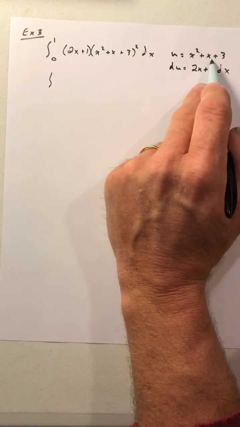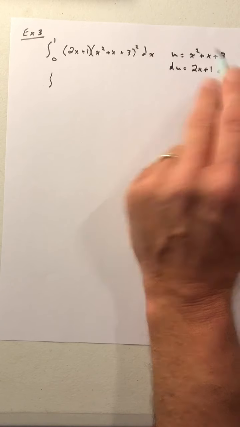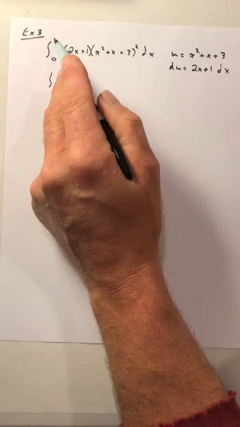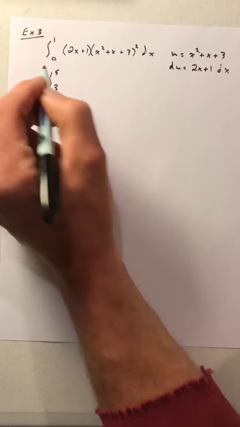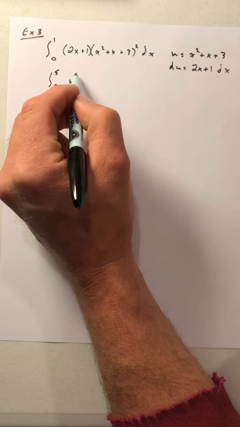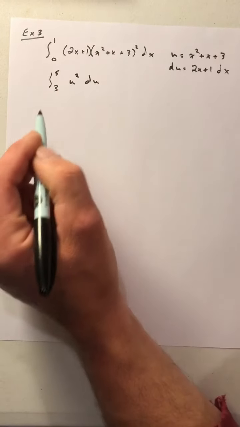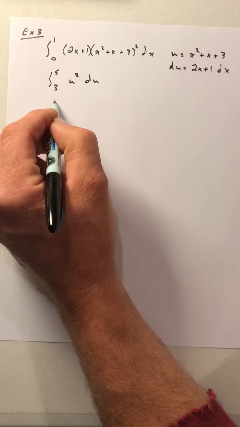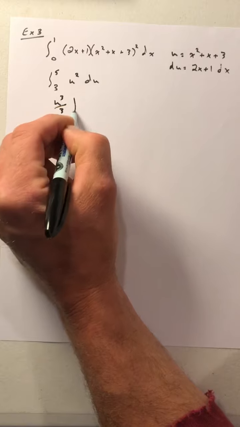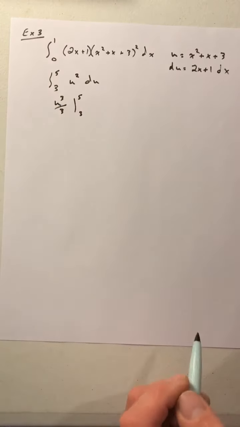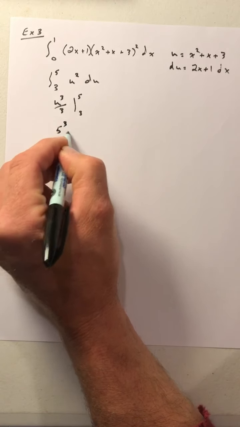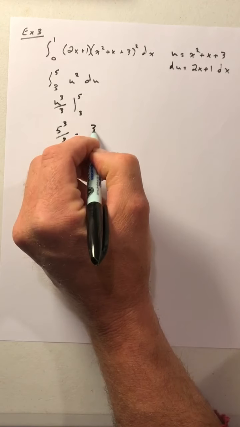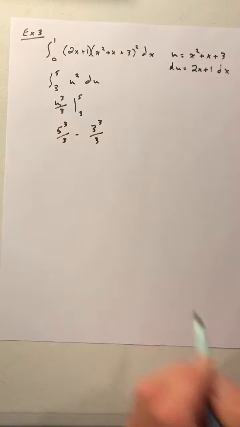If I plug in 0, I get 0 squared plus 0 plus 3, or 3. If I plug in 1, I get 1 squared plus 1 plus 3, or 5. The integration of u squared du is u to the third over 3, and again, we're going from 3 to 5.